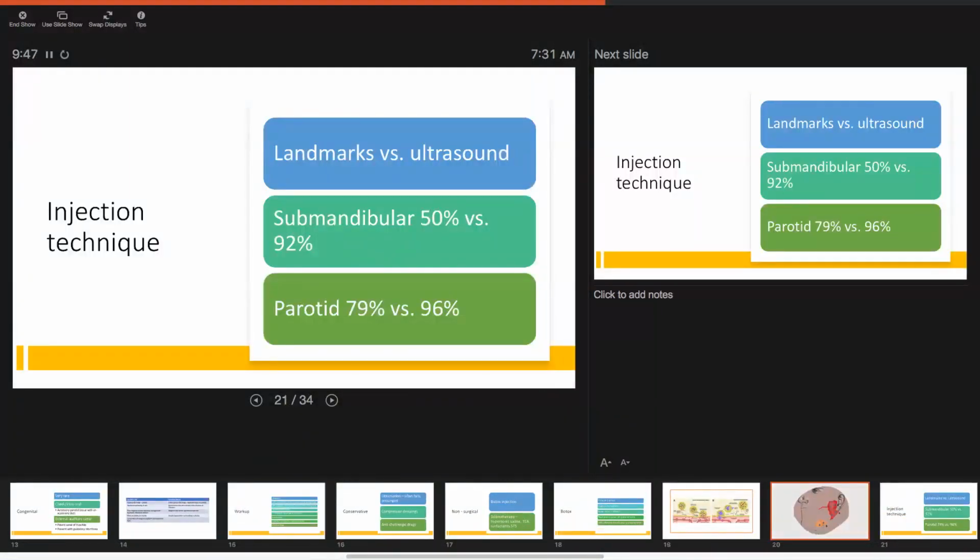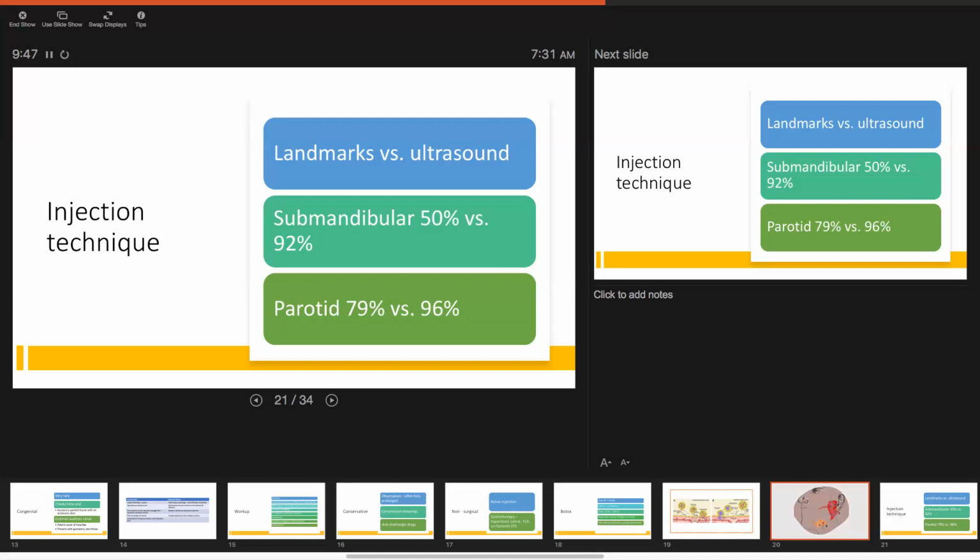For injection technique, you can use landmarks or ultrasound guidance. For submandibular gland injection, a cadaver study found that using landmarks only, only 50% of injections actually ended up in the submandibular gland, versus 92% with ultrasound guidance.